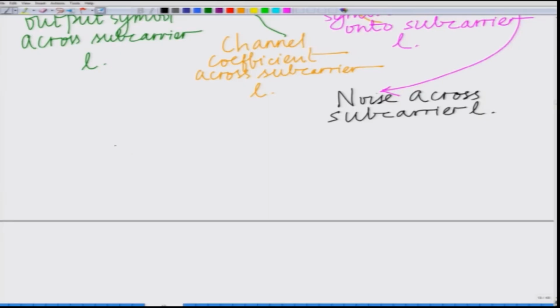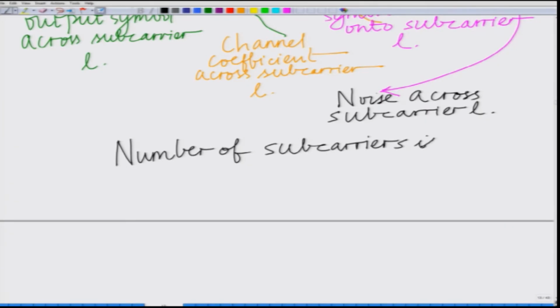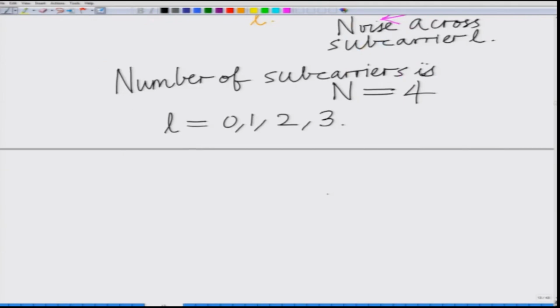So, the number of subcarriers is N equal to 4, which means we have L equal to 0, 1, 2, 3 corresponding to the 4 subcarriers.